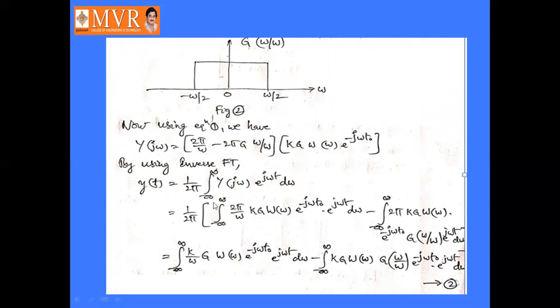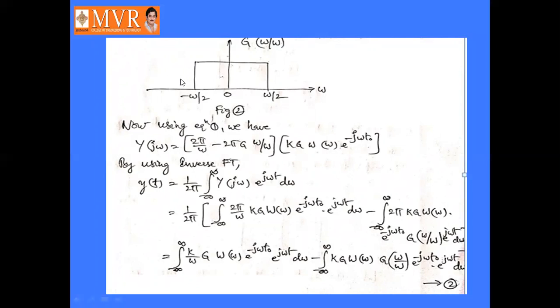So 1 by 2 pi into the integral of 2 pi by omega into K g_w of omega into e power minus j omega t naught into e power j omega t d omega, minus the integral from minus infinity to infinity of 2 pi K g_w by omega into e power minus j omega t naught into g of omega by w into e power j omega t d omega.